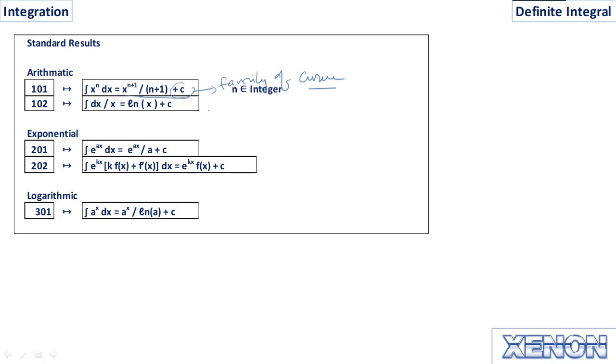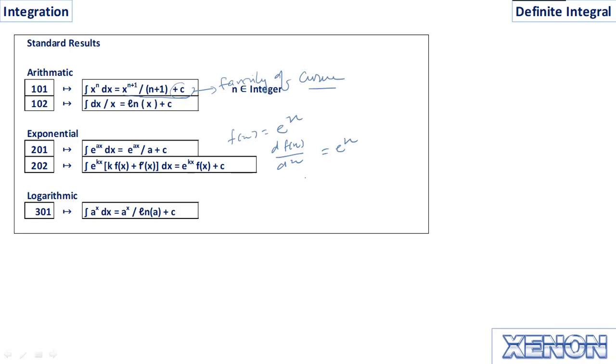Integration of e to the power ax dx equals e to the power ax upon a plus c. How? Actually, as we know, the integration is the inverse of differentiation. So, for f(x) equals e to the power x, df(x) upon dx equals e to the power x, right?